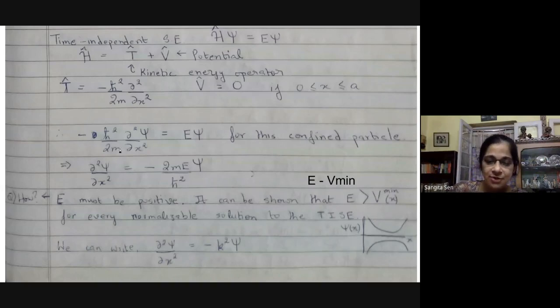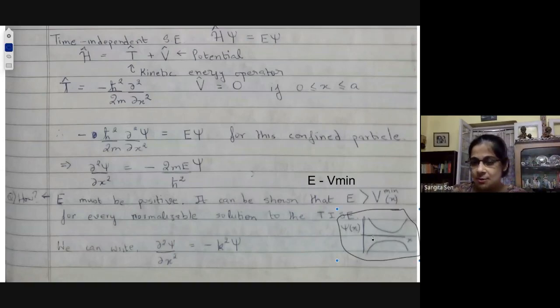So if we take the V to the right, then we have E minus V over here, and if E is always greater than V, then E minus V is negative, and then this quantity is positive. So the second derivative of the wave function and the wave function always have the same sign. And if the second derivative and psi have the same sign, then the situation is somewhat like this.